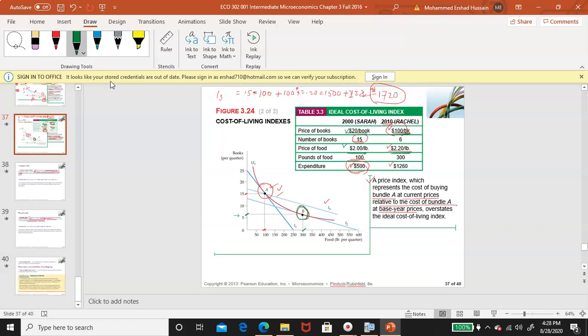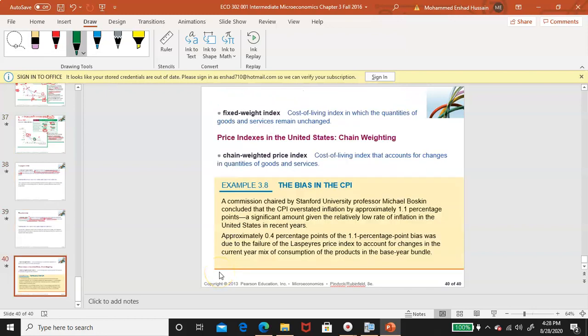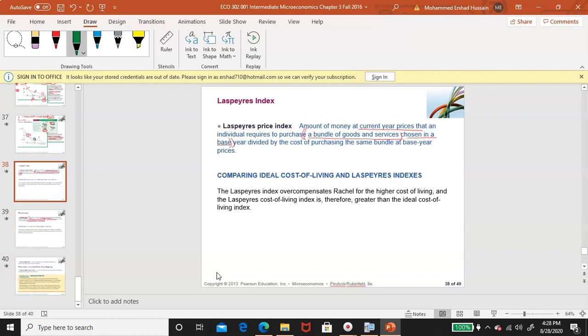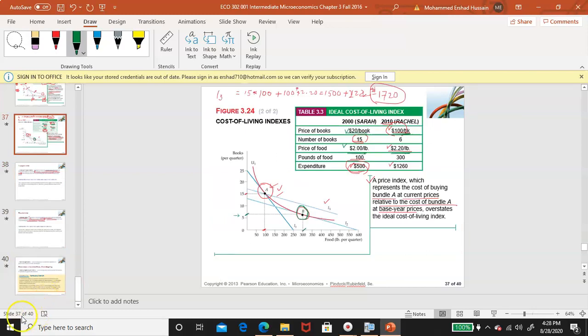So we find that answer, and that will be the answer for the Paasche index. Okay, so let us now find out. You see, we calculated like L4.